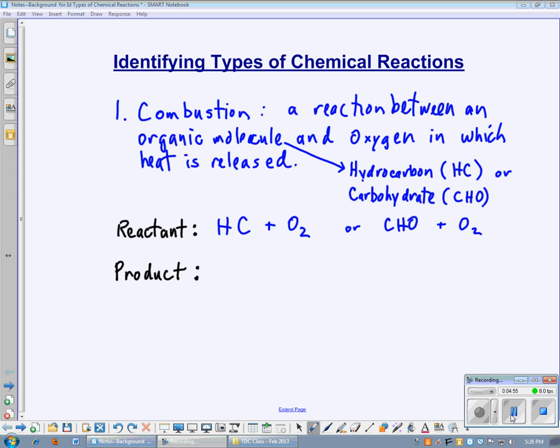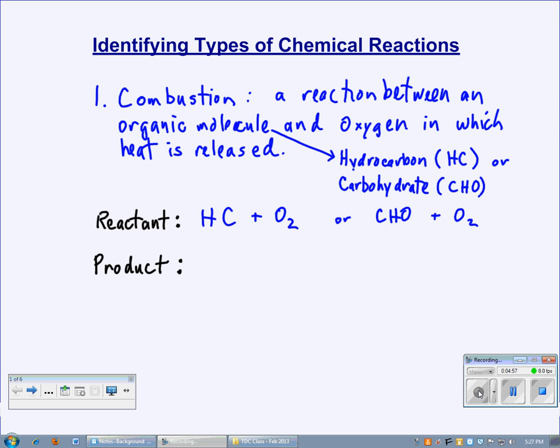Once you recognize these reactants, a hydrocarbon plus oxygen or a carbohydrate plus oxygen, this is about the easiest type of reaction to predict the products of, because they always make the exact same products.